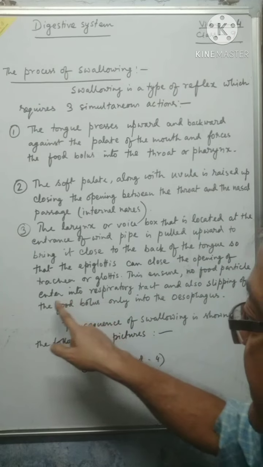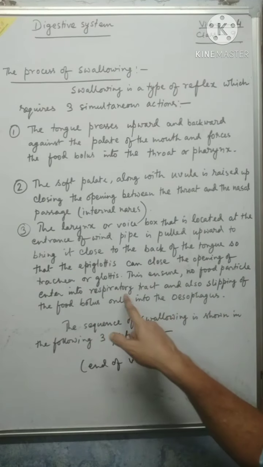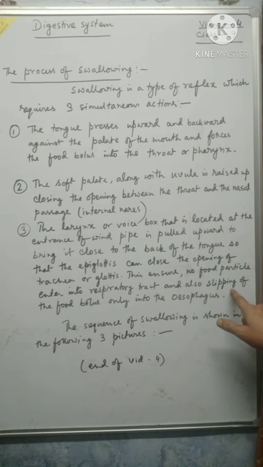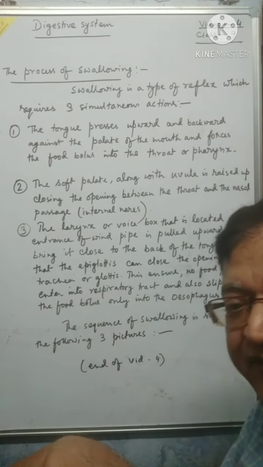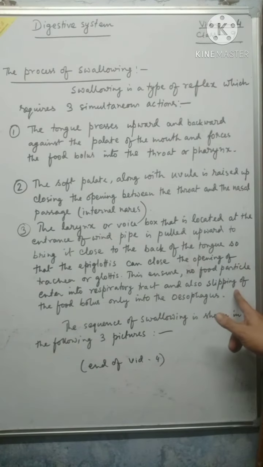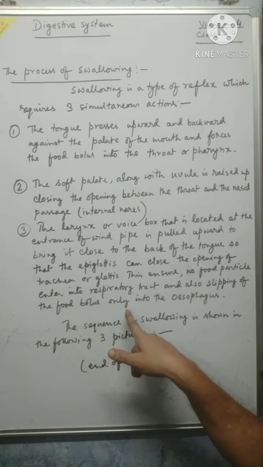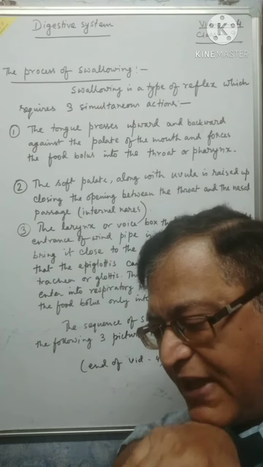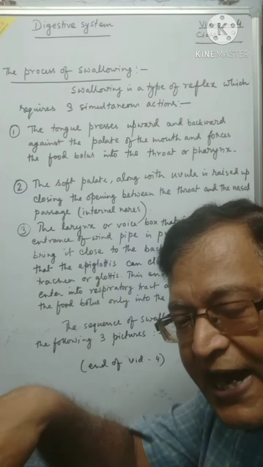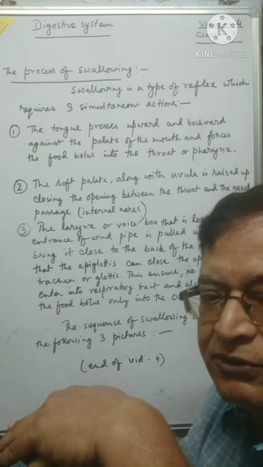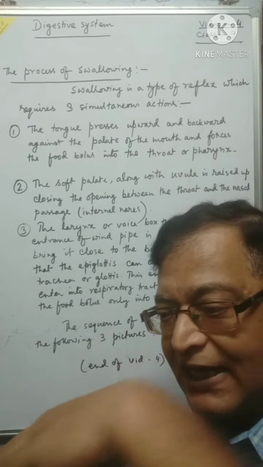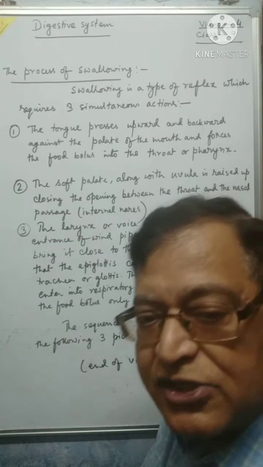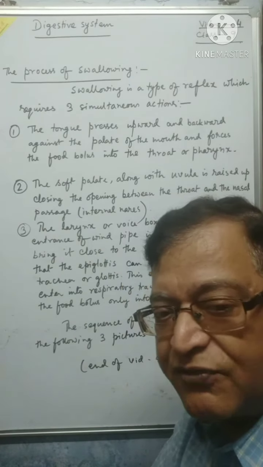It also allows the smooth surface of the food bolus to slip into the esophagus only, making a kind of slope and covering the windpipe, allowing the food bolus into the esophagus only.